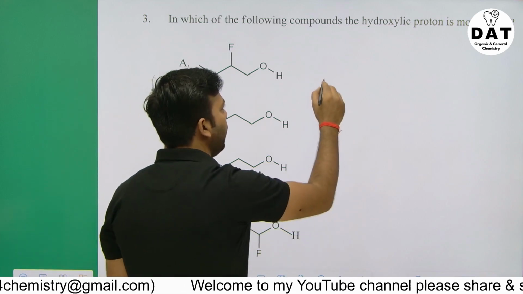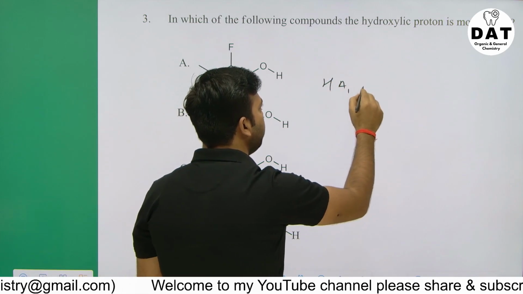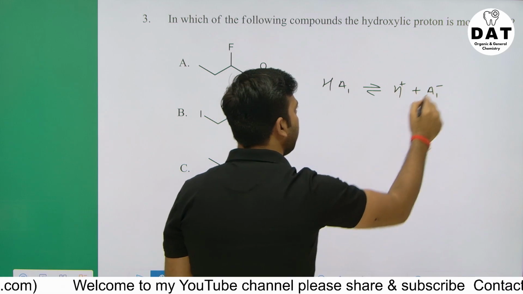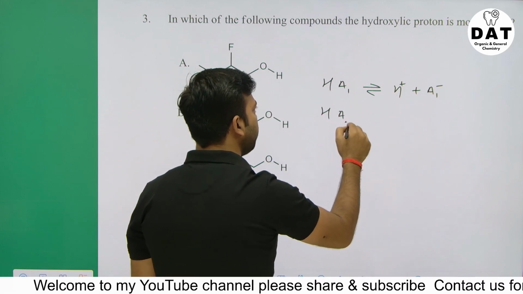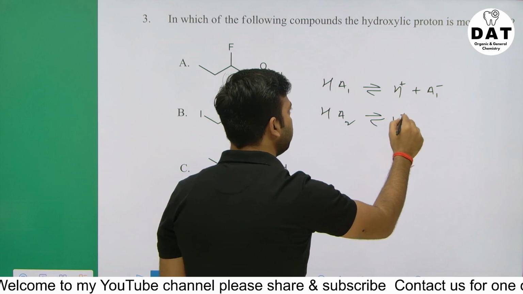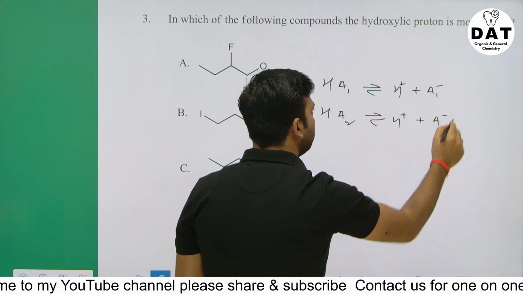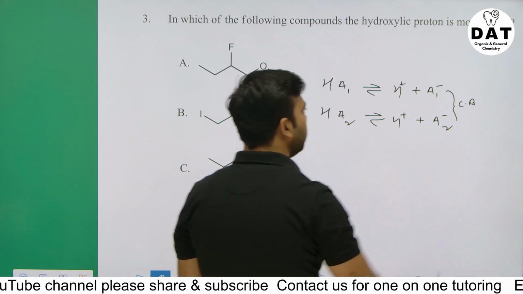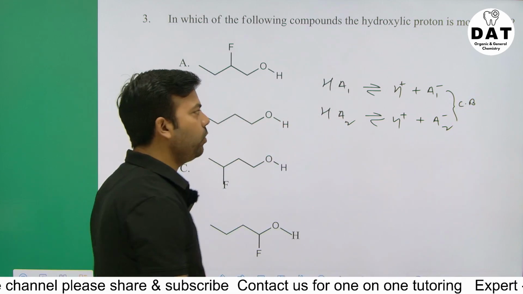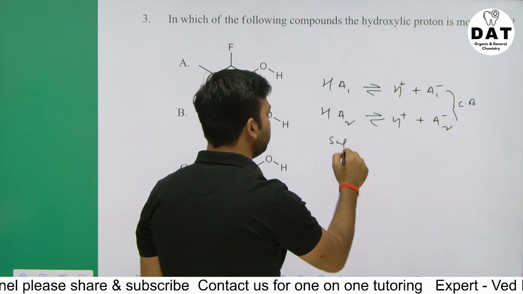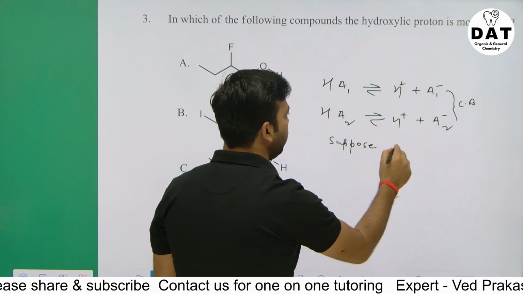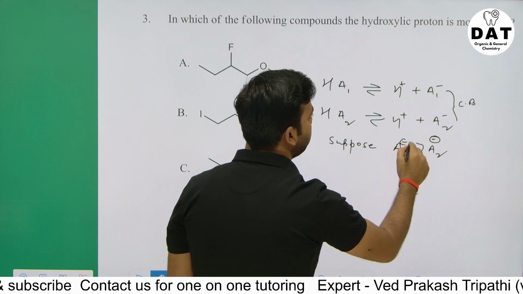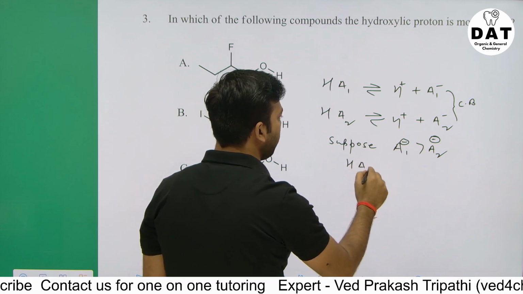Suppose you have an acid HA1 and we dissociate the H, so it will become A1 minus. And the second, HA2, if you dissociate it, it will become H plus and A2 minus. So these A1 and A2 are the conjugate bases. Now you have to check the stability of the conjugate base, and suppose A1 negative is more stable than A2 negative. It means HA1 is a stronger acid than HA2.